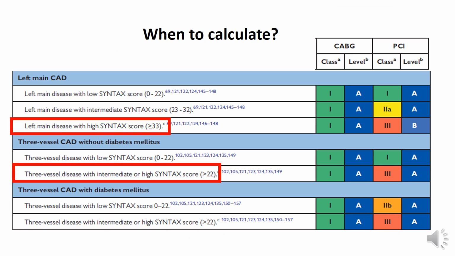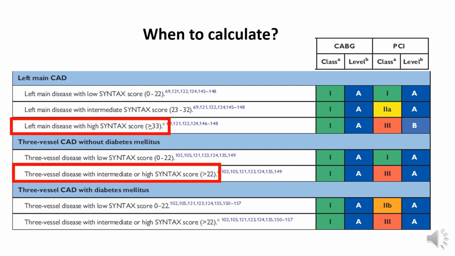In case of left main disease, if this score is more than or equal to 33, that means surgical treatment has a mortality benefit and a better outcome than PCI, and it should be the treatment strategy of choice if the patient is accepting.